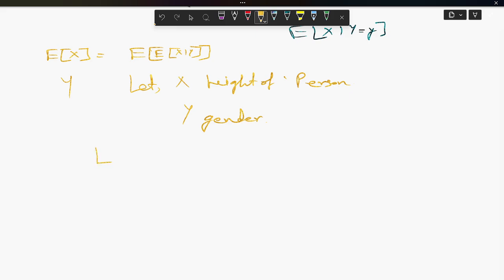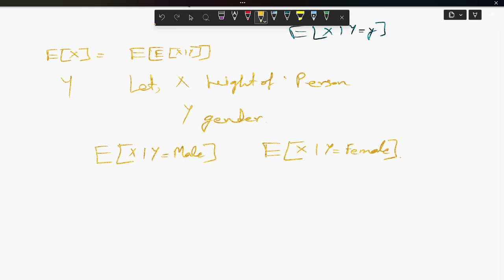Then E[X|Y = male] is the average height of males, and E[X|Y = female] is the average height of females.